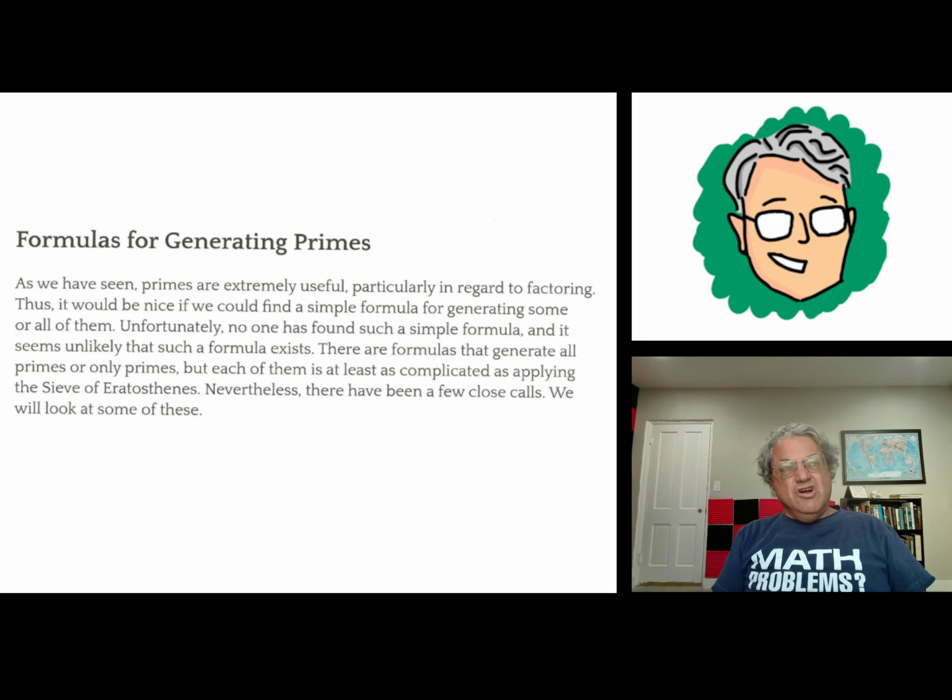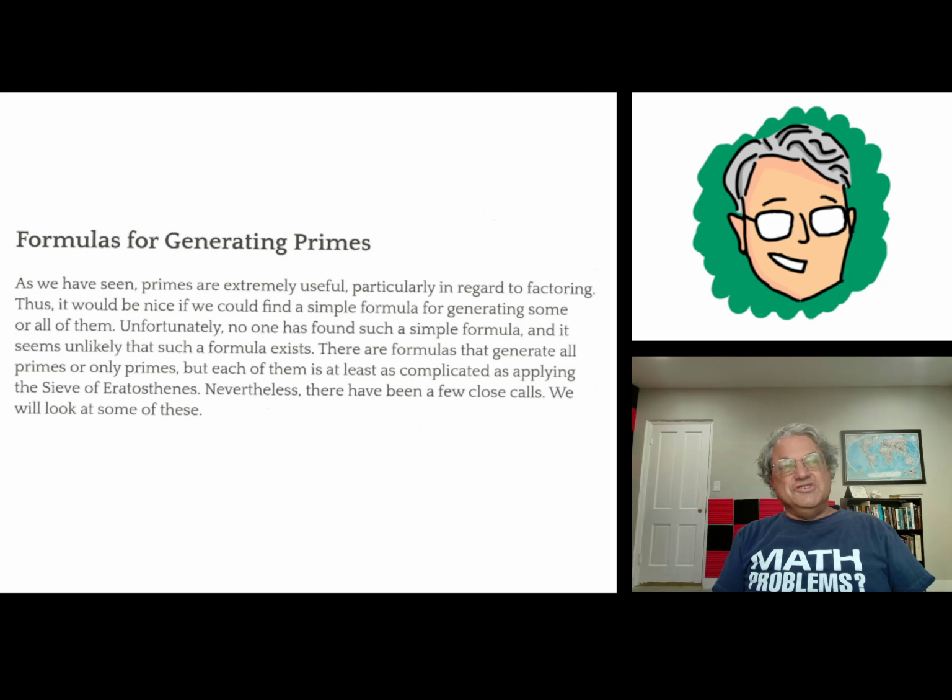It turns out that all the formulas we know so far are at least as complicated as the sieve of Eratosthenes. As a matter of fact, some of them really are the sieve of Eratosthenes in disguise. If you decode them, it turns out they're just a funny way of expressing the algorithm required to generate all the primes.